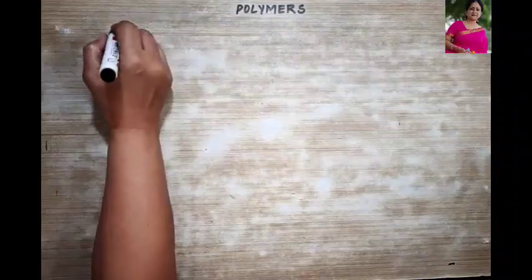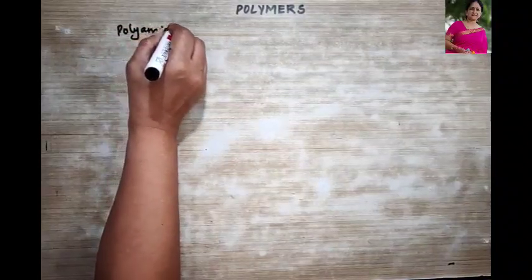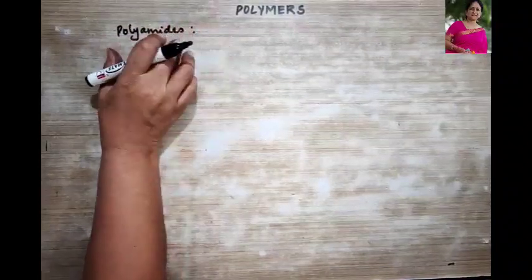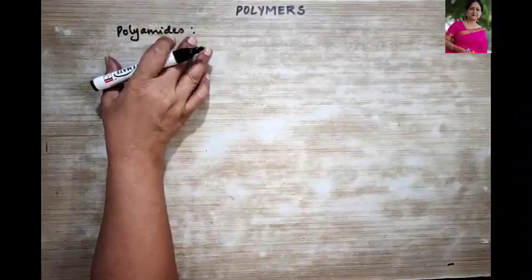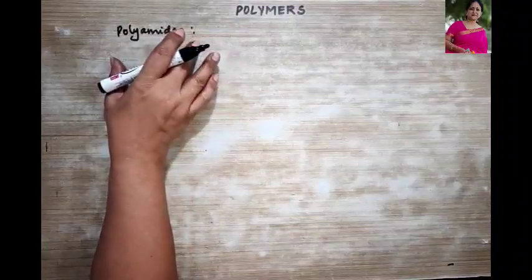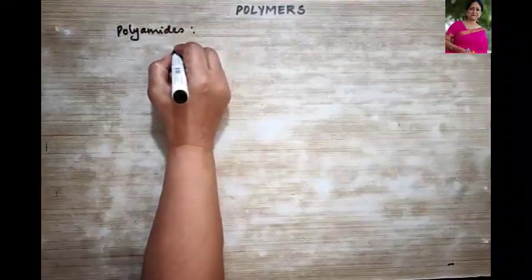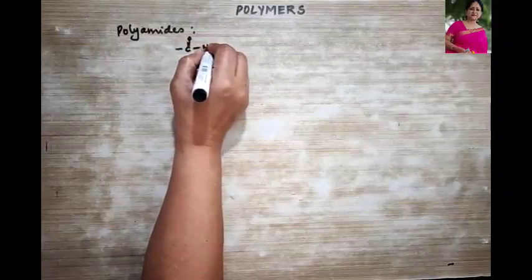Next we move to polyamides. What is the peculiarity about polyamides? The polymers which have the amide linkages are called polyamides. Now what are amide linkages? It is C double bond O NH.